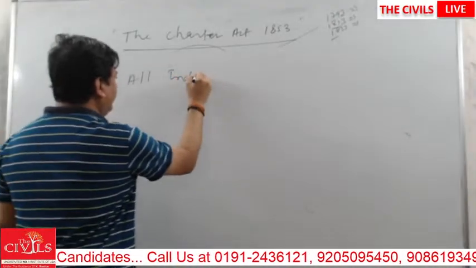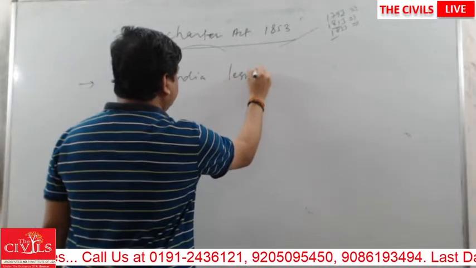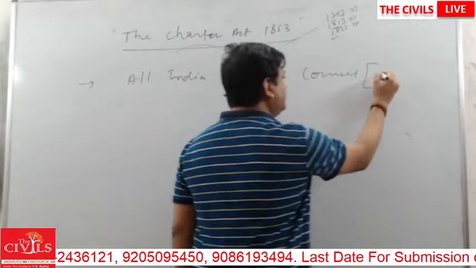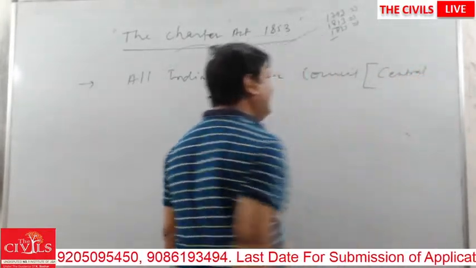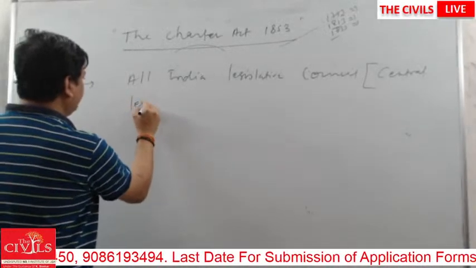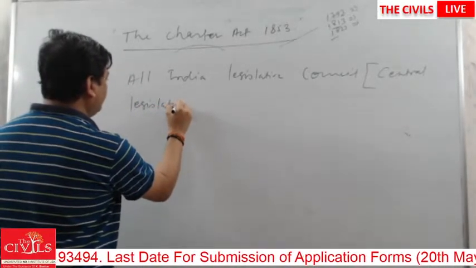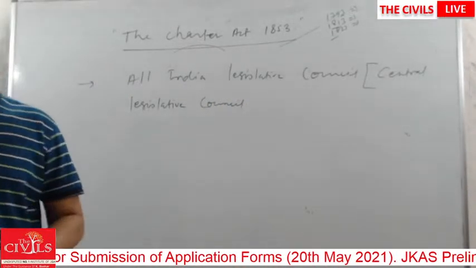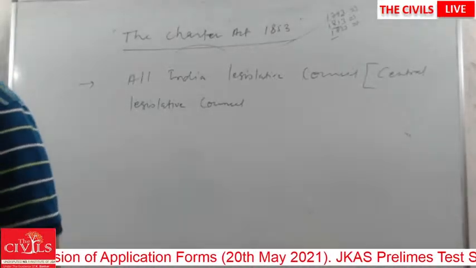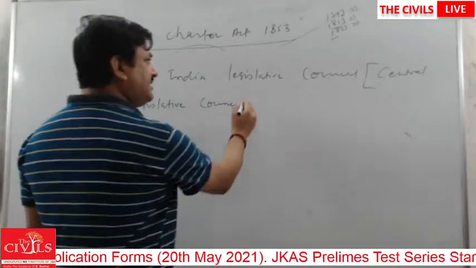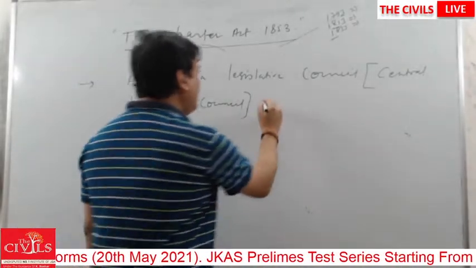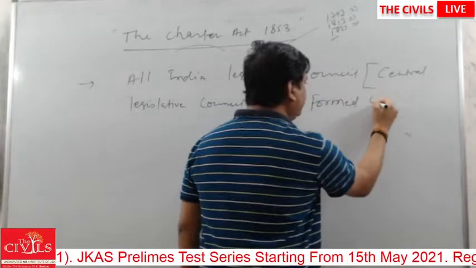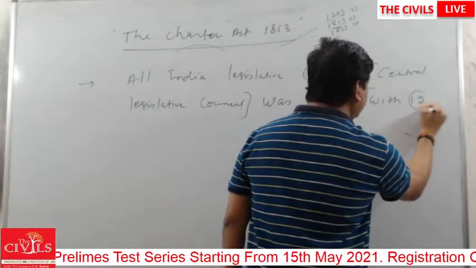The Central Legislative Council was created, with 12 members.